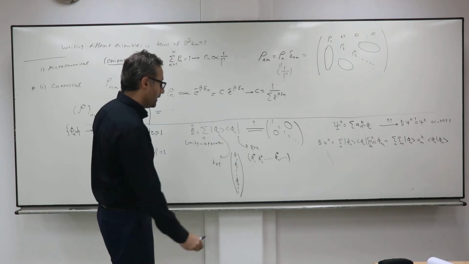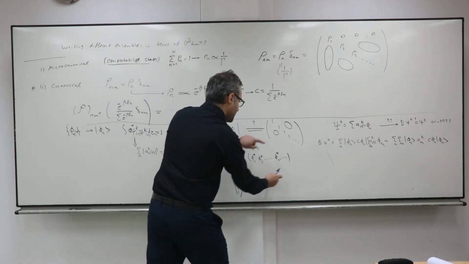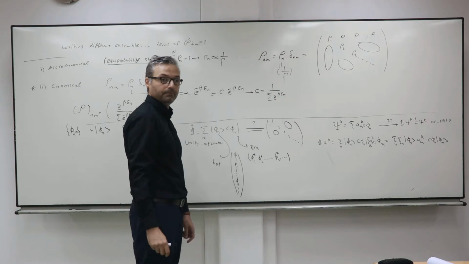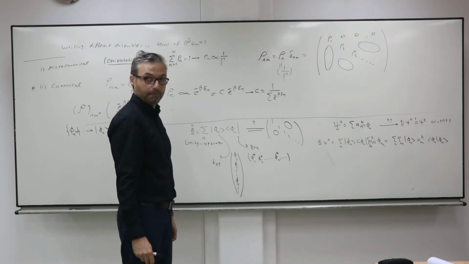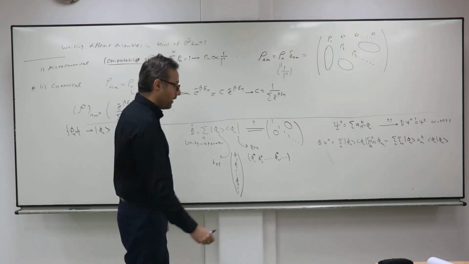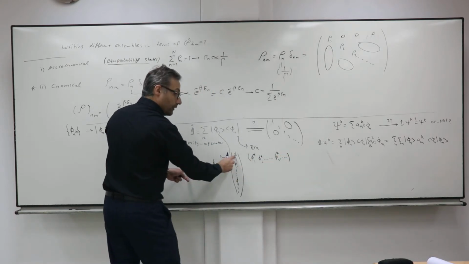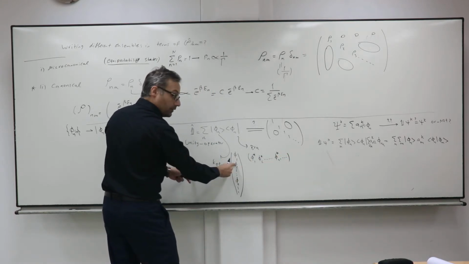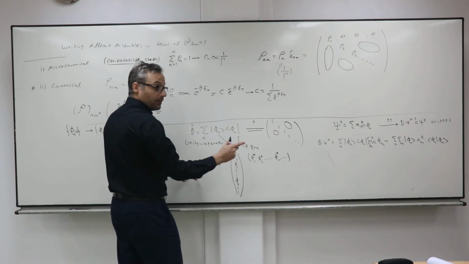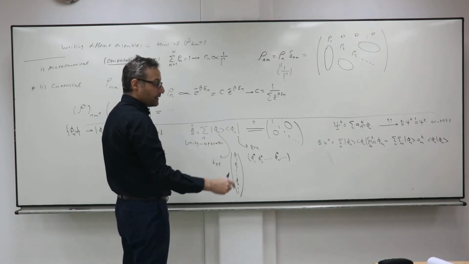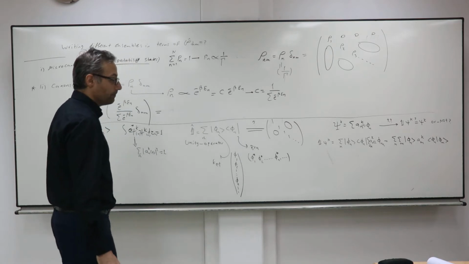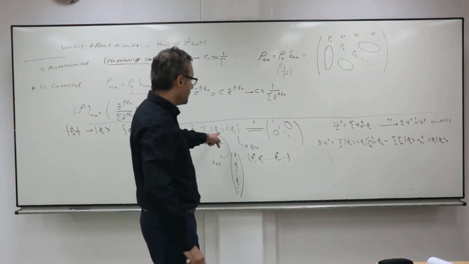But if I write this first and put this next, what happens? It will be a number. If I put this here, it will be phi 1 to phi 1 plus phi 2 to phi 2, phi n to phi n, the normal product. So it will be a scalar number. What I write here is not a scalar.